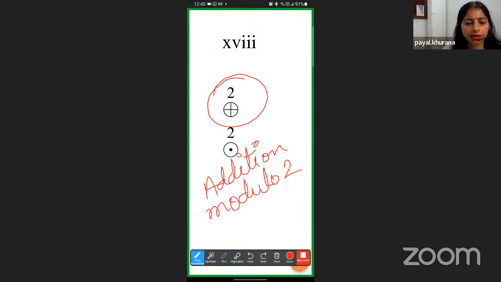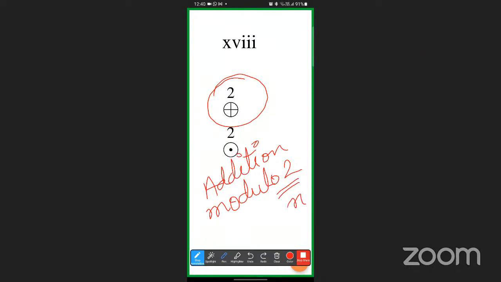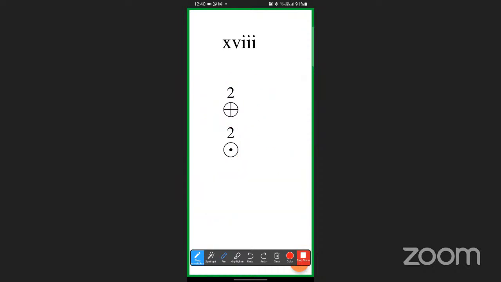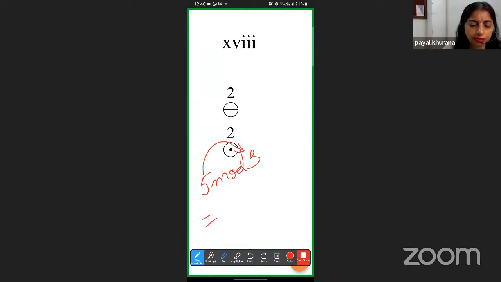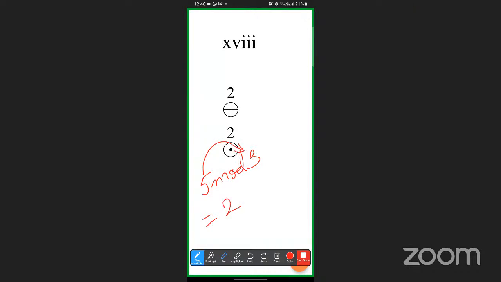In general, it is addition modulo n. It is the remainder when the given number is divided by n. So 5 mod 3: when I divide 5 by 3, I get the remainder as 2.